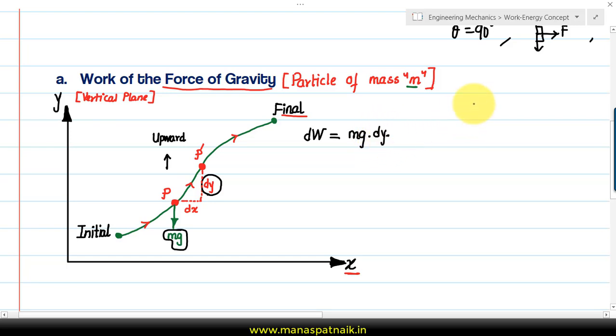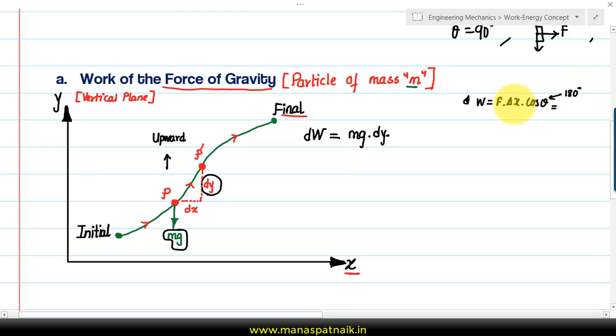Alright, what's next? So we know this formula that work done is essentially a product of force multiplied by displacement multiplied by cosine theta. So if you watch carefully, force is acting in the downward direction, dy is upwards. So both of them are absolutely opposite to each other. In that sense, theta will be equal to how much? It's going to be equal to 180 degrees, and cos 180, you know very well, is equal to negative of 1.